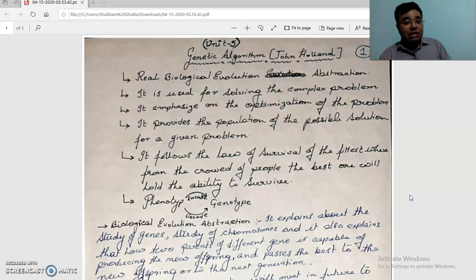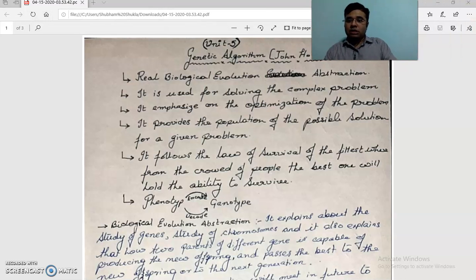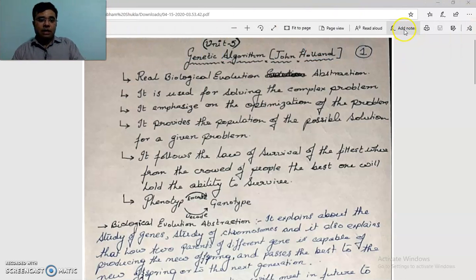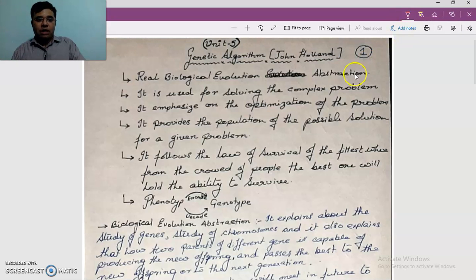So what ultimately we do in genetic algorithm is that the population is already provided to us. Let me annotate while showing you the particular diagram of it.